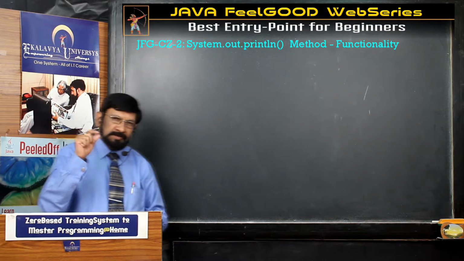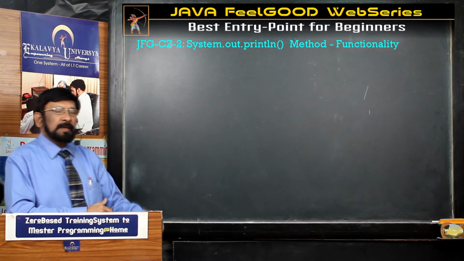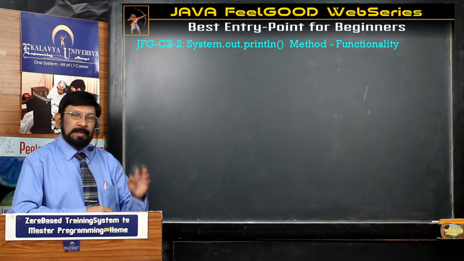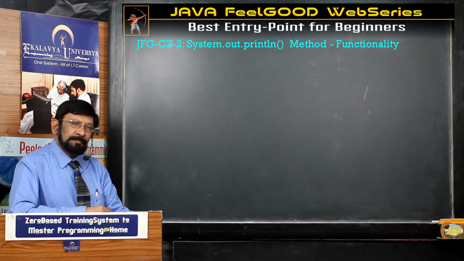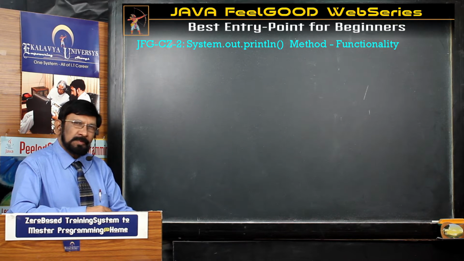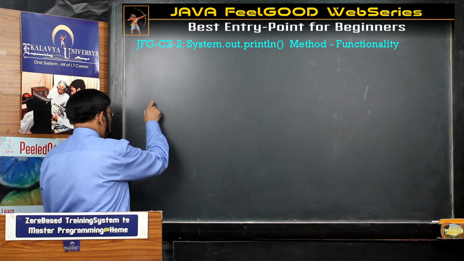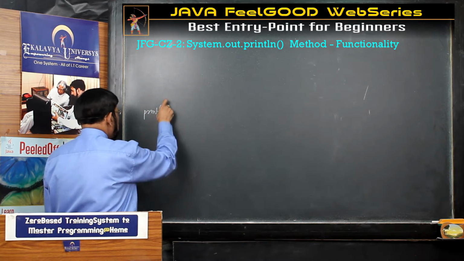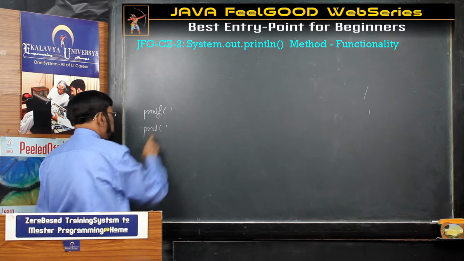Whenever you want to write it, you must write System.out.println. First you have to understand its functionality. If you already learned C or Python, you are wondering, because in C for writing output we use the function printf, and in Python we use just print.